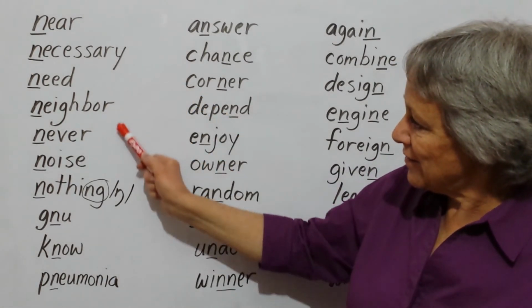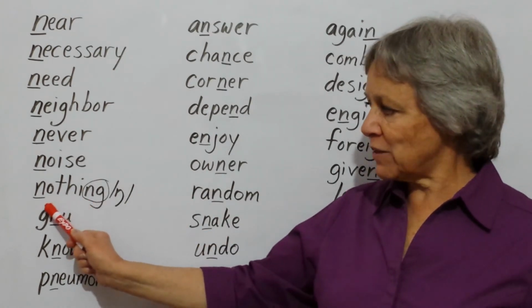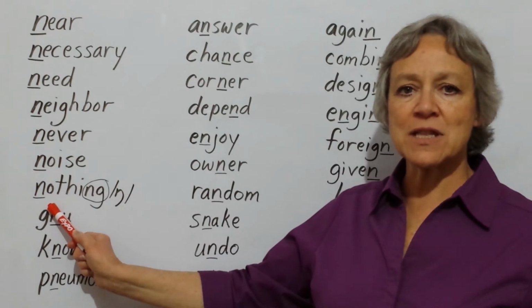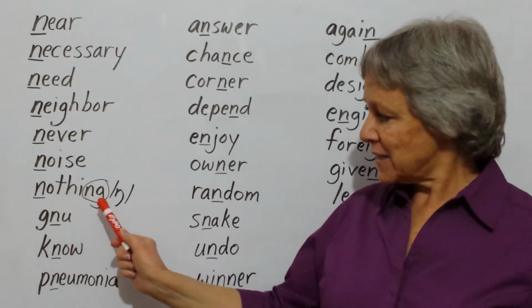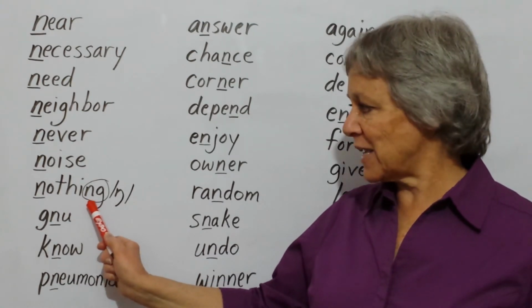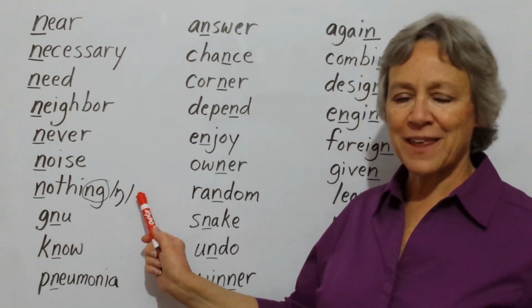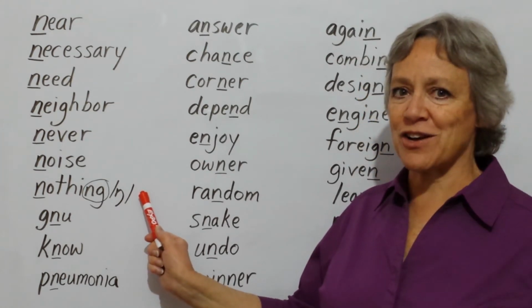Let's see. In this word, nothing, only the first N gives us the N sound. The second N, as I hope you can see, is part of the ending ing, and here we get the ng sound. The sound where we raise the back of our tongue, okay?